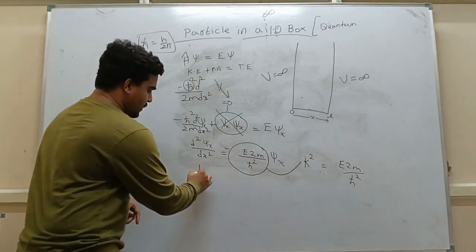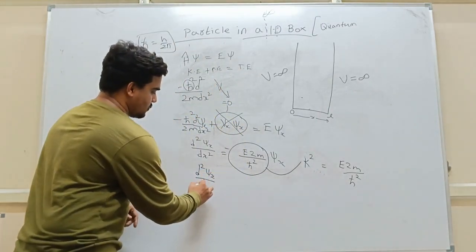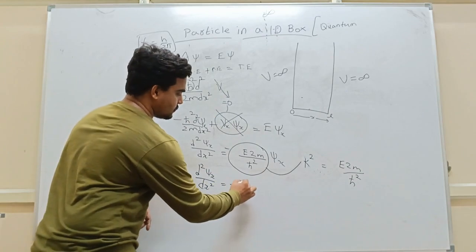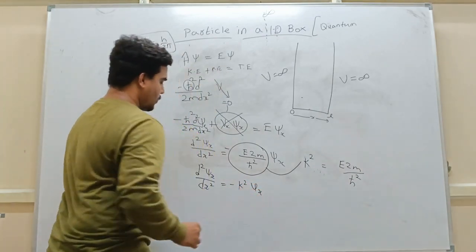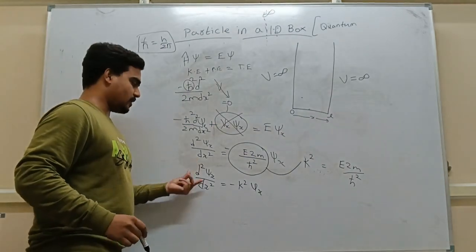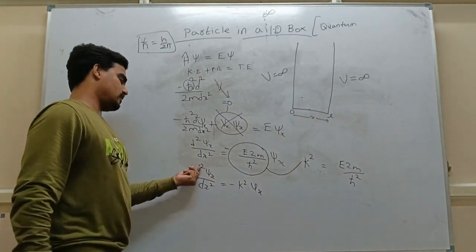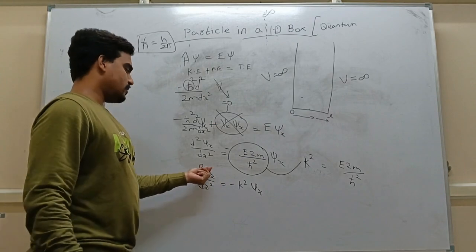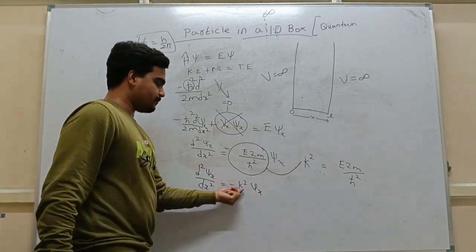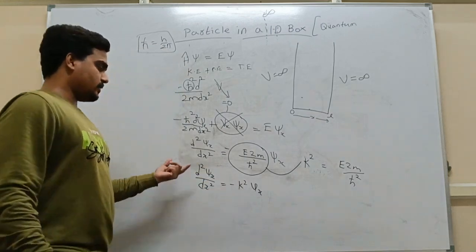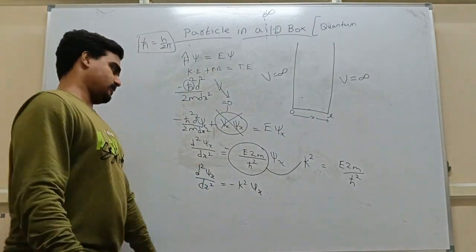So now what we get is d square psi of x upon dx square equals k square psi of x. Now you can see we have an expression in terms of a second derivative, matching with the square of this equation, and this is the expression we were interested in.